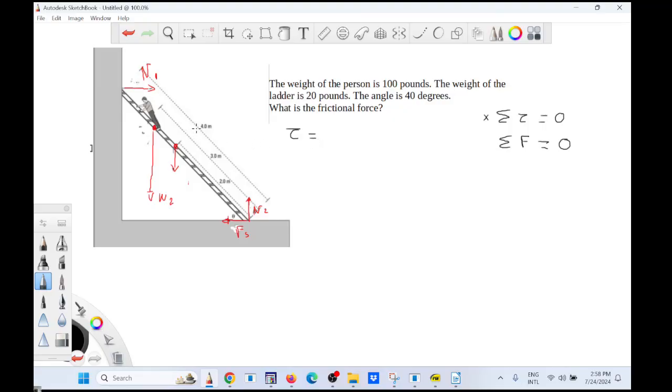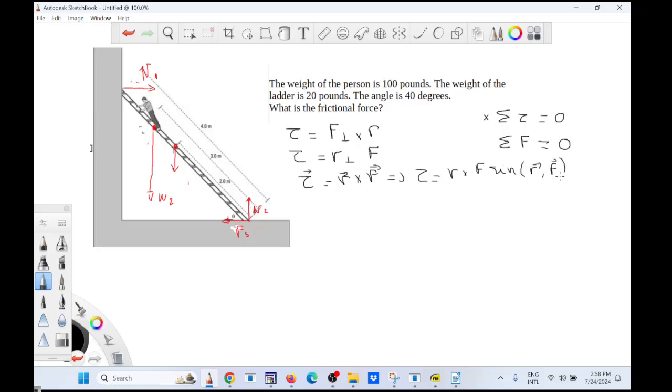You can find the force perpendicular to the lever times the distance, or you can say it's the lever arm times the force, or you can use the definition of cross product and say in magnitude it's going to be R times F times the sine of the angle between R and F.